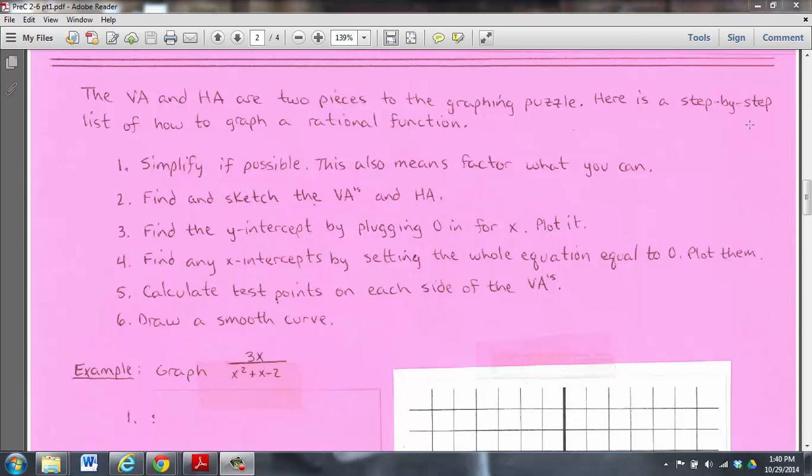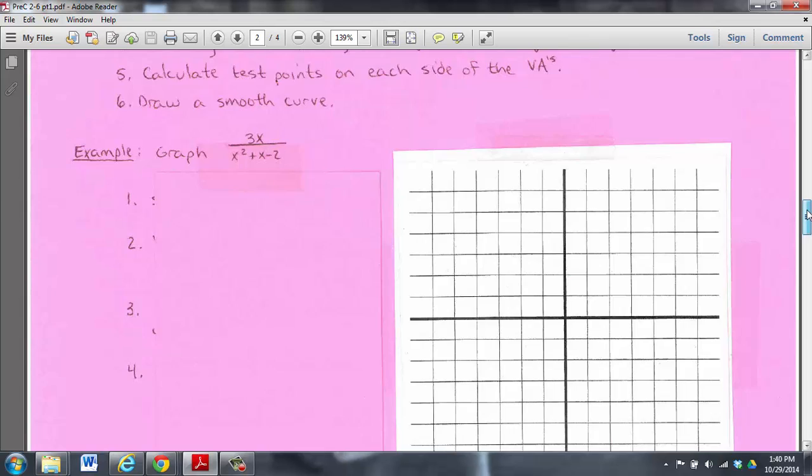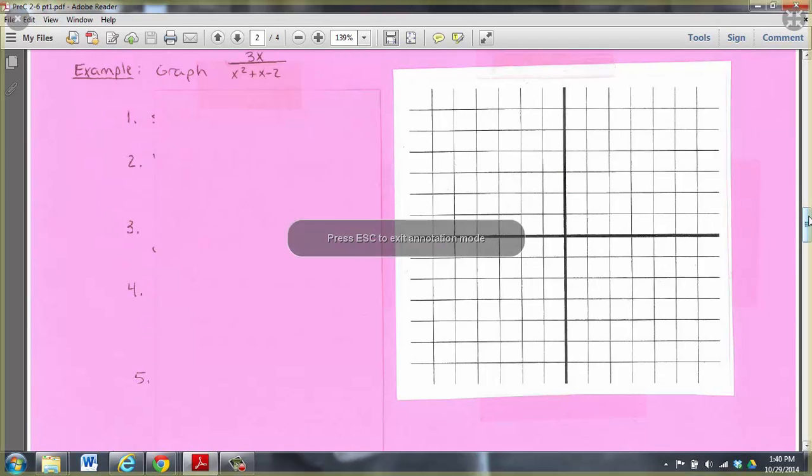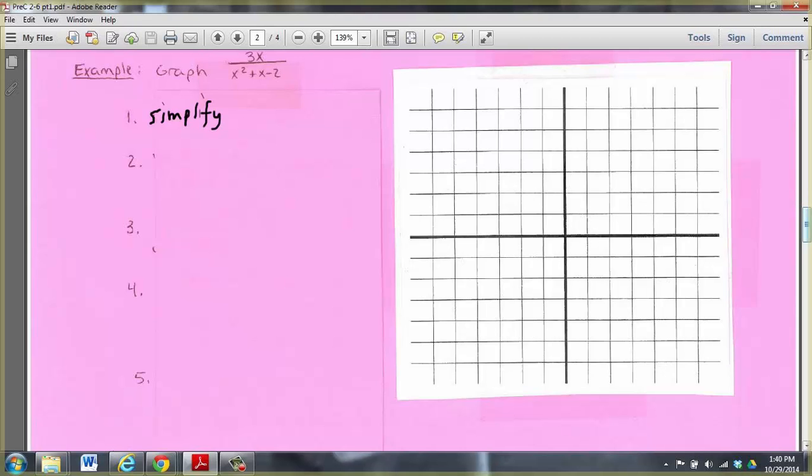Okay, so we're going to go through this example right here step by step. The first thing that we're supposed to do is simplify. So the numerator is still going to be 3x.